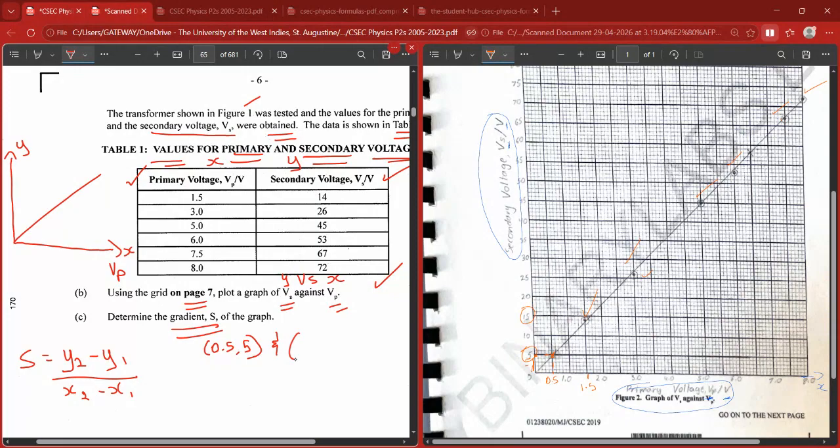And the other one would be, we read coming down, this is 6.5, and you read going across, I go see it is right here, 2 blocks below.